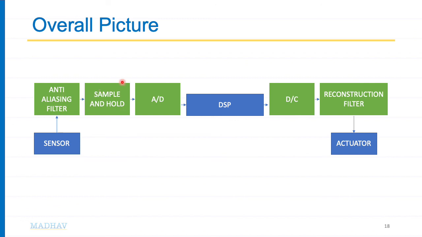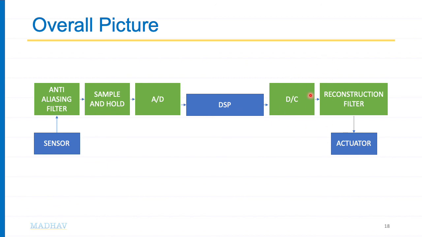Then you do sampling, so sample and hold, and hold means you hold the same value in the continuous domain. Then you convert it into digital using an ADC or something like that. And then you do the DSP, digital signal processing, on your discrete time signal. This may also include quantization.